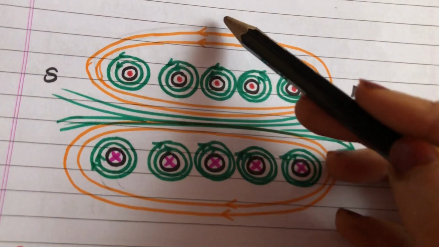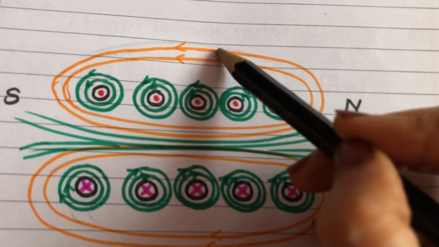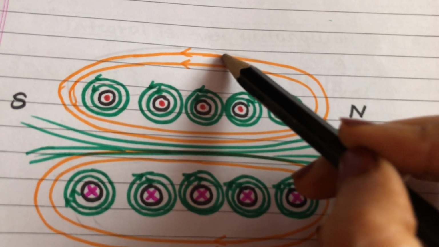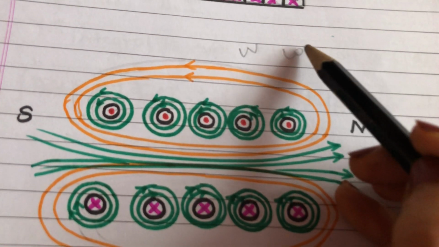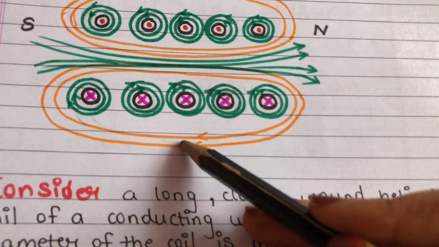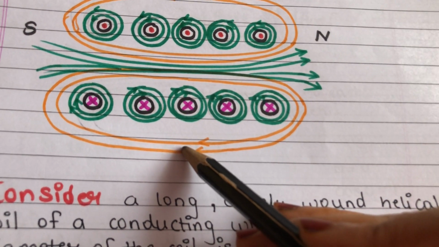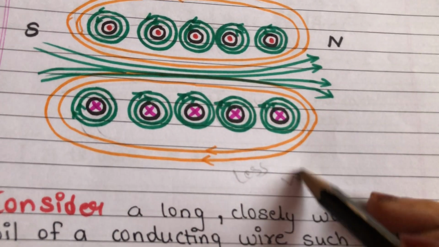But when you go above the upper end of the solenoid, the magnetic field is weak, meaning the magnetic lines of force are less in number. Similarly, at the lower end of the solenoid, the magnetic lines of force are less in number, meaning the magnetic field is weak.